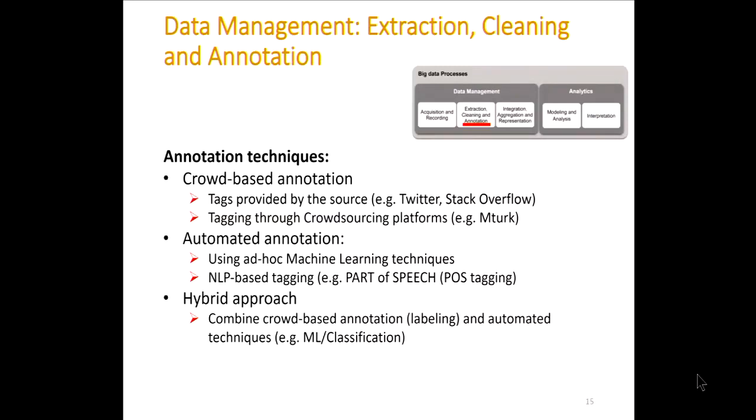So you've created these tags yourself, and later on someone mining the Stack Overflow database asks, give me all the questions about Python and machine learning. They rely on the annotation you have created to pull up all these questions. So this is crowd-based, people-based tagging. You create the tag, or you annotate the data yourself.